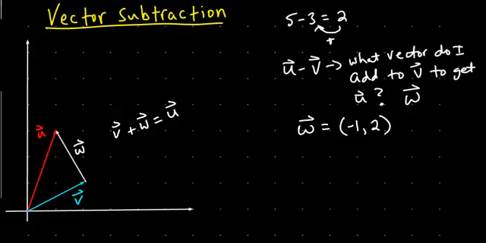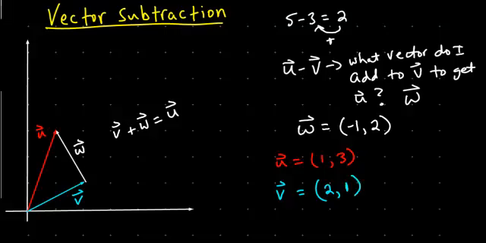And if we look at the vector u, it equals 1 in the x direction and 3 in the y direction. V equals 2 in the x direction and 1 in the y direction.